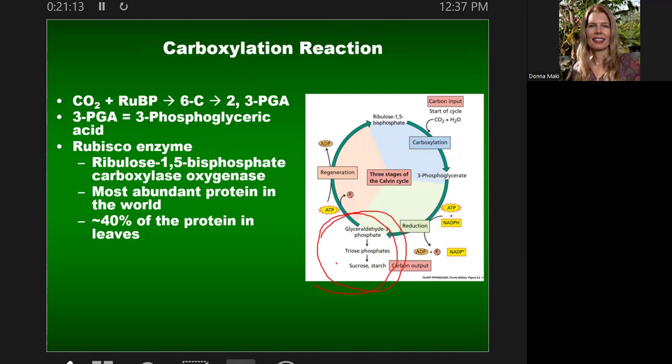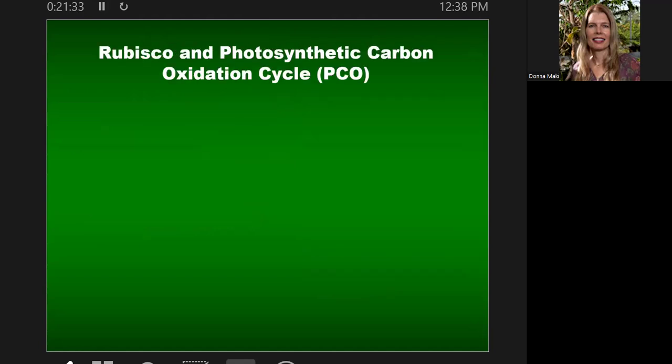And just in the leaves themselves, they think about 40% of the protein you find in leaves is Rubisco. So it's a very, very important enzyme, which is another story of evolution because it's a weird enzyme, which we'll get into in a minute. And yet it's one of the most critical enzymes on the face of the earth.